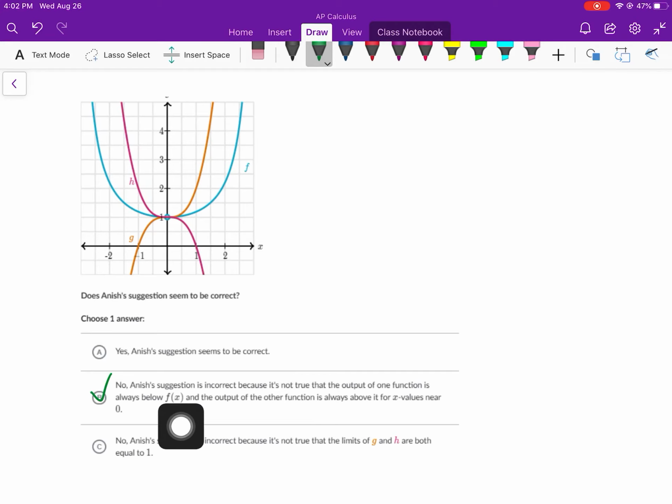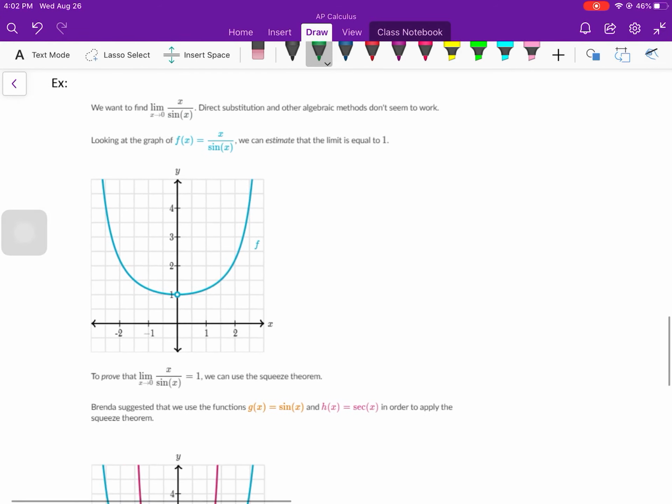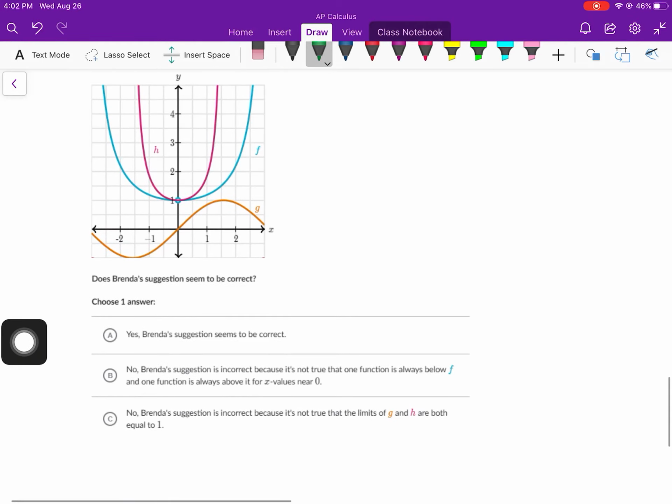I think it's this one right here because it's not true that the output of one of the functions is always below f. This one's not always below f because it's greater than it, at least within that interval, within that area. And then for the last reason right here, you can see this graph, and we won't go too much into the details here. This one's always above it. That's good. This one's always below it. But look, is this really squeezing it to that spot of 1?